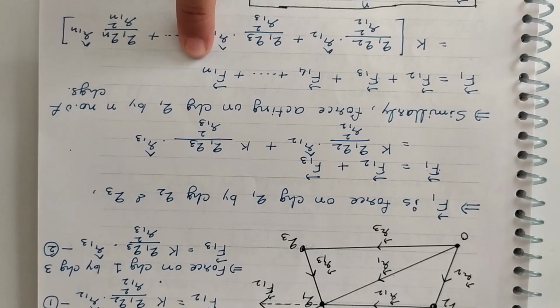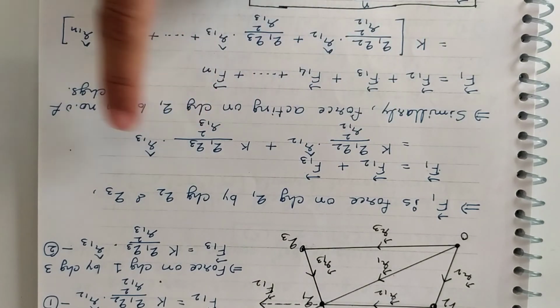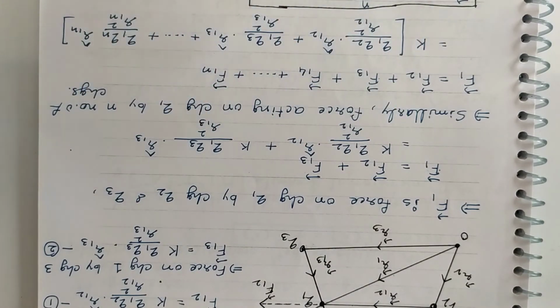What we are considering is different charges exerting a Coulombian force on charge Q1. So let us simplify. We are taking K out of the equation. We can see K is common for all the terms, so we take K as common out of the addition.